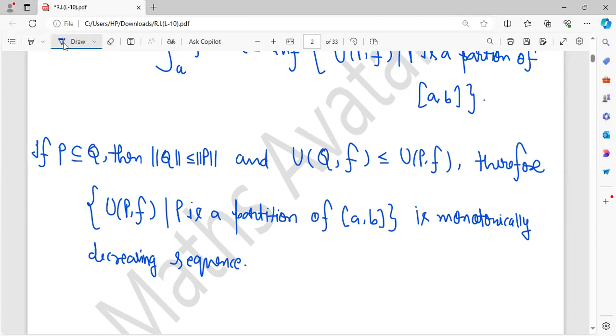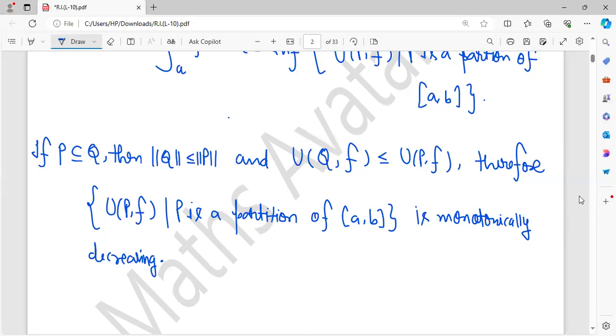It means this is monotonically decreasing. It is not a sequence; this is monotonically decreasing with respect to set inclusion. Now we can apply the monotone convergence theorem here.